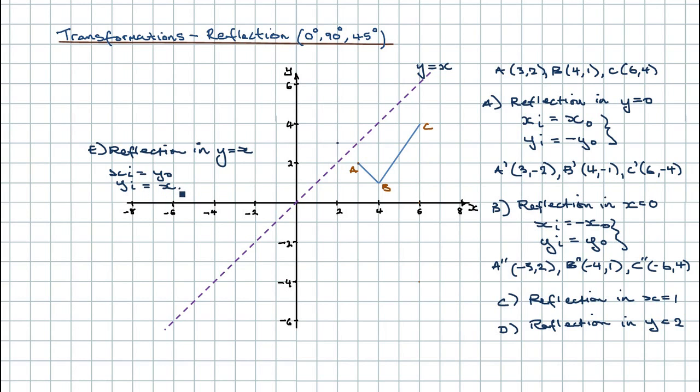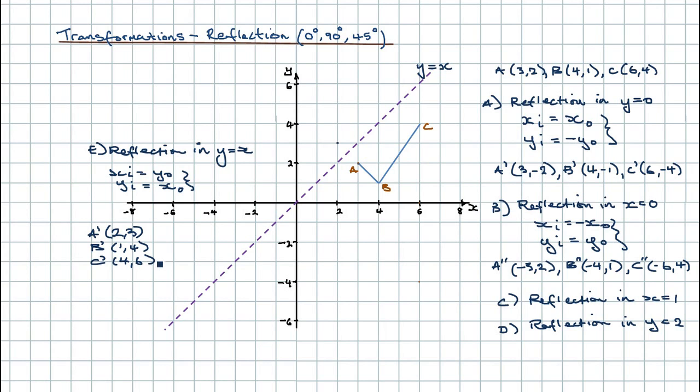So they swap around. That means that A prime is going to be just swapped around like this. So 3, 2 was A, so 2, 3 is going to be A prime. B prime is going to be 1, 4. And C prime, well, that's going to be 4, 6.